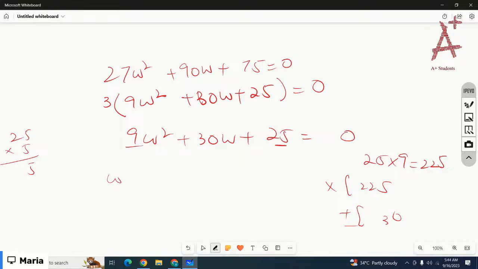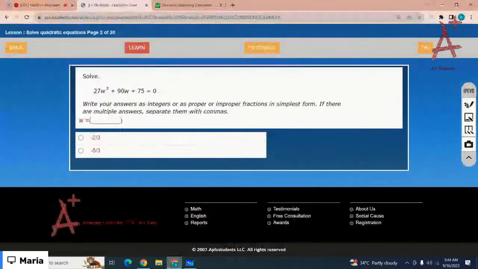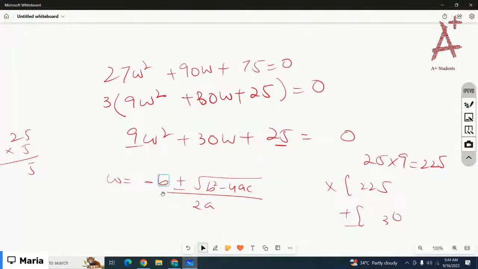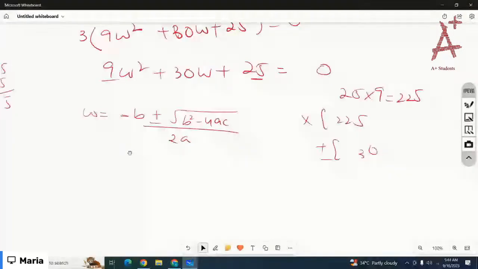The quadratic formula is w equals negative b plus or minus the square root of b squared minus 4ac, divided by 2a, right? Let me put in the values.